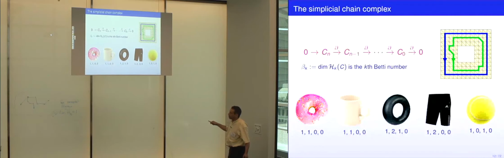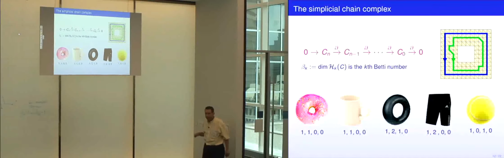A coffee cup is topologically the same as a donut, so it's the same. But an inner tube, that's hollow, so we have a Betti number of 1 in the second position, and it has two different kinds of holes. There are two different kinds of cycles that are not boundaries: ones that go around this way and ones that go around this way. So the first Betti number is 2, and so forth.